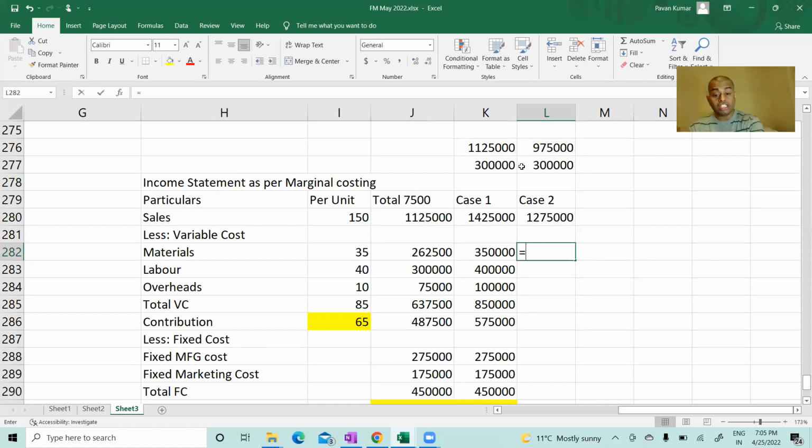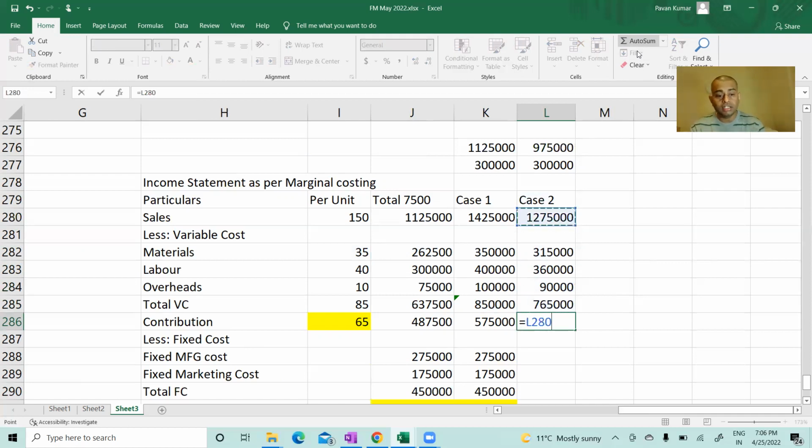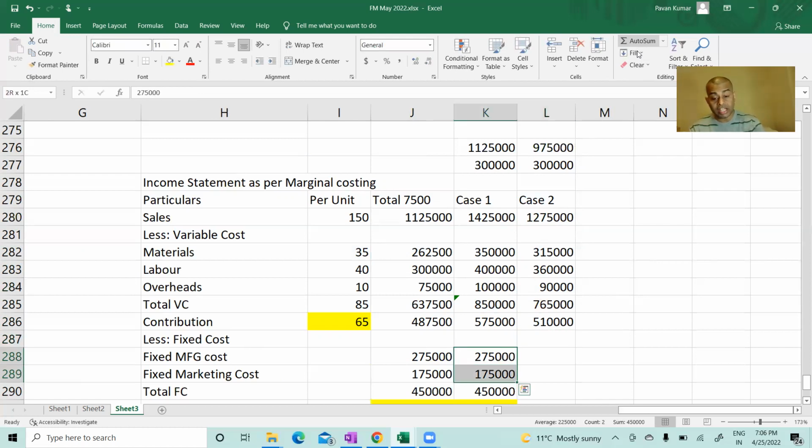But my cost will be for, sorry, 9,000 units. Why 9,000? 6,500 plus 2,500. So this I will take into 9,000. I'll calculate. Okay, so this is total variable cost. Then this is sales minus variable cost. Then fixed cost remains same.